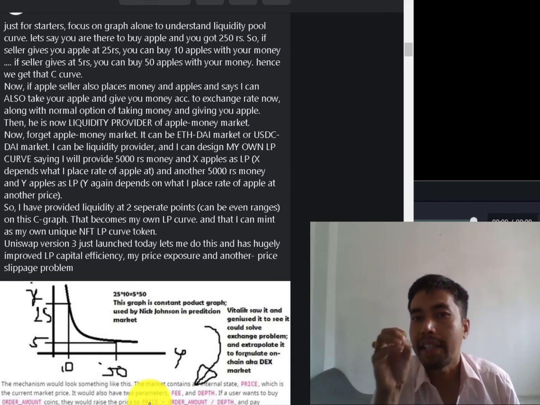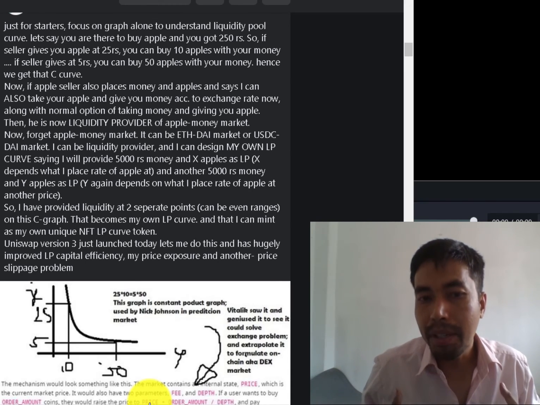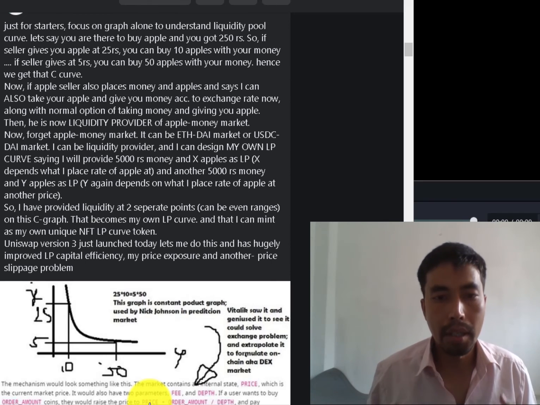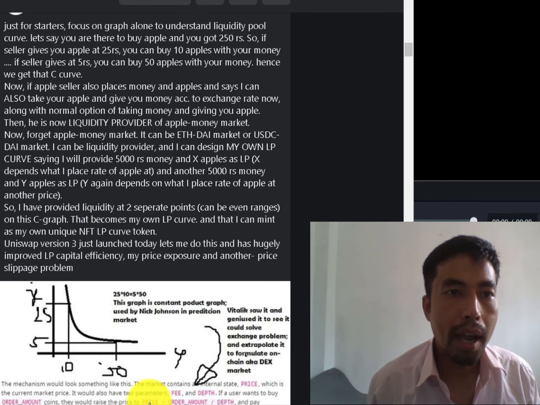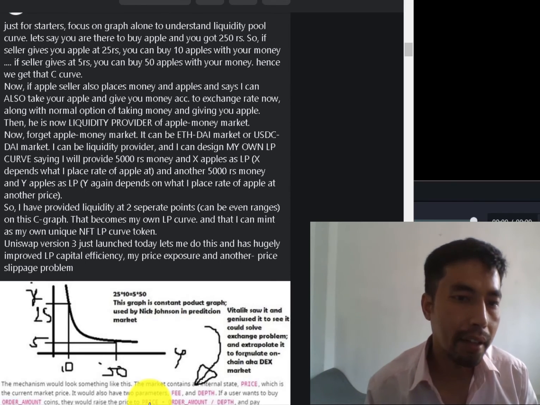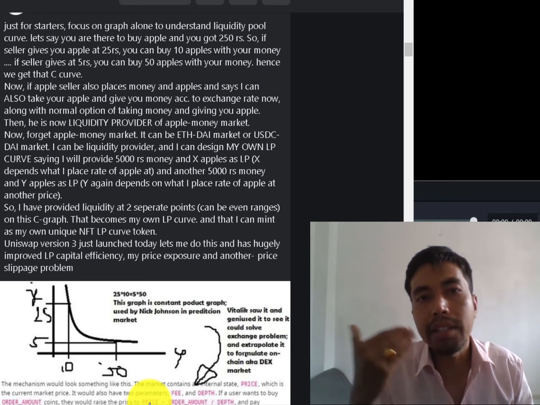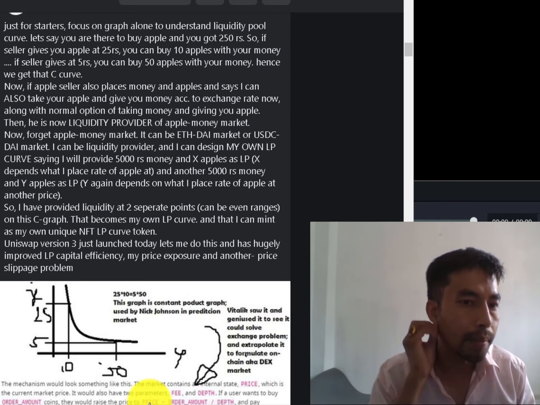Another is price exposure. Price exposure means my Ethereum price exposure is entirely in my own control. UniSwap V3 has done a fantastic job of fixing those errors or shortcomings which were earlier in UniSwap V2.